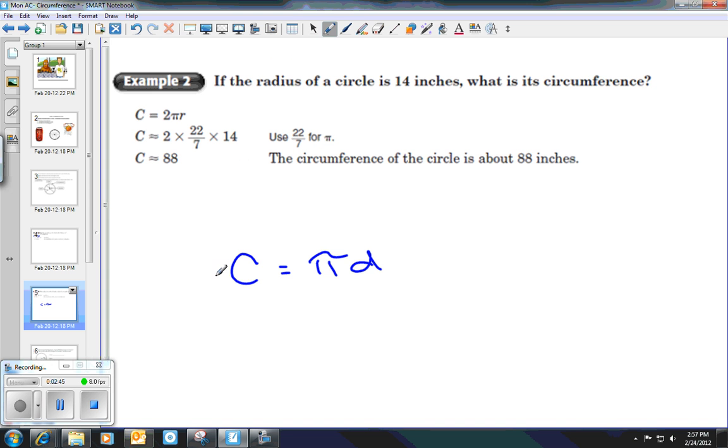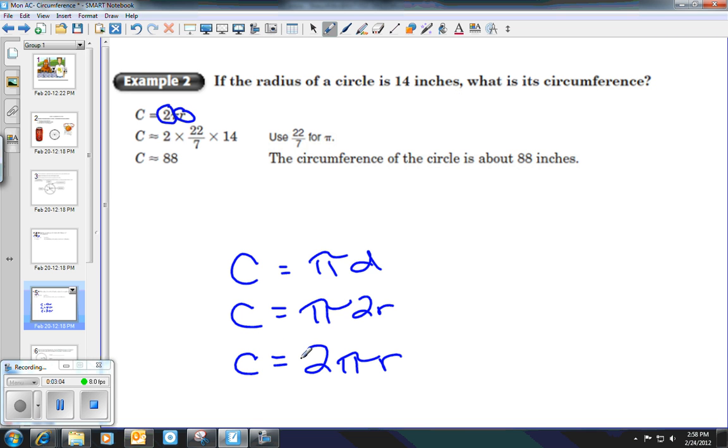That's where our formula of 2 and r come from. So if we take diameter here and we replace it with 2r, now circumference can be pi times 2 times r, but more commonly you'll see circumference written as 2 times pi times r with the number first and the variables second. That's how it's usually written.